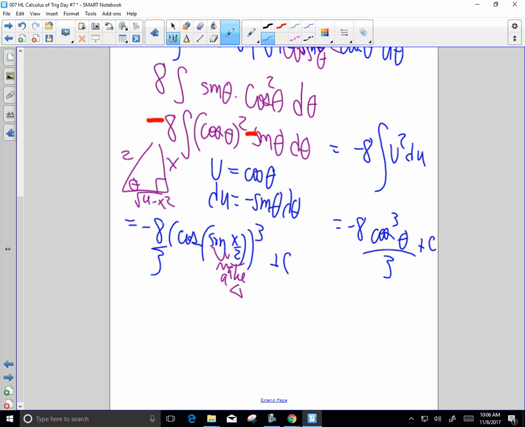Yeah, it does. So this is going to be negative 8 thirds. The cosine is the square root of 4 minus x squared over what, Stan? Cosine is this over what? 2. You were asking what happened to the 8.